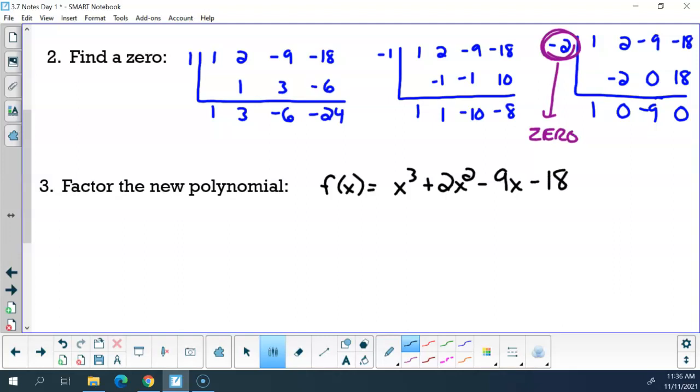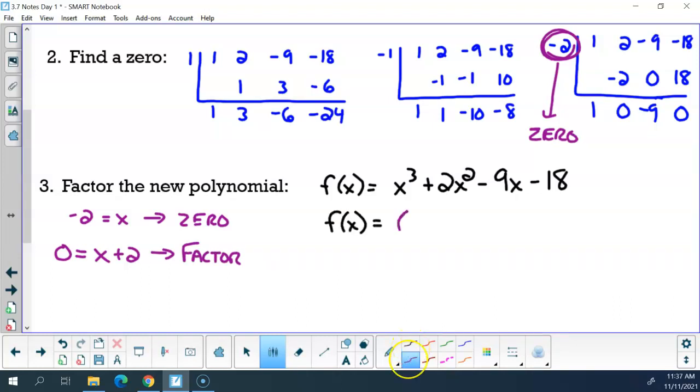So now, since -2 is a zero, that means then that x plus 2 is a factor. F of x can be written as x plus 2 times what?